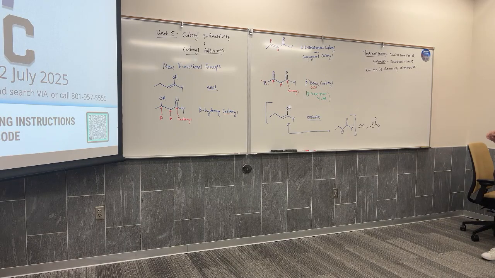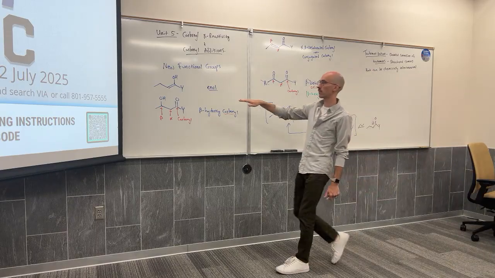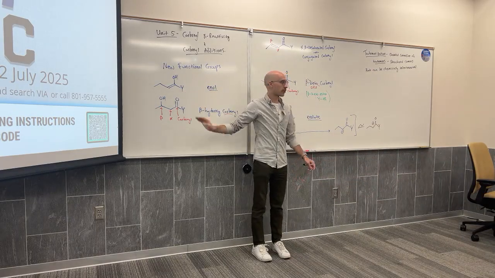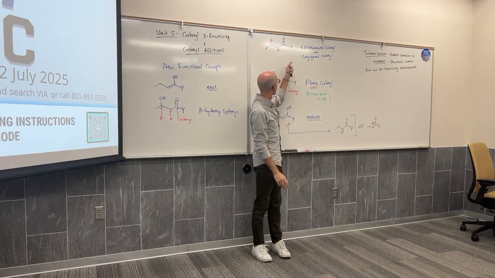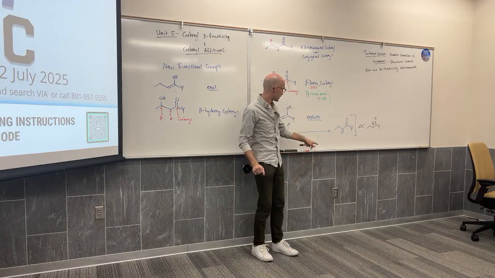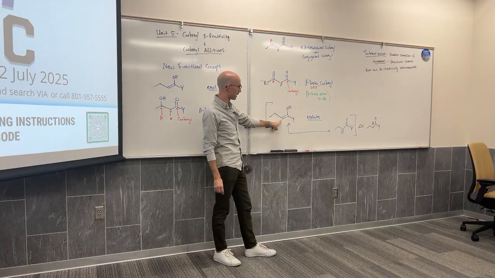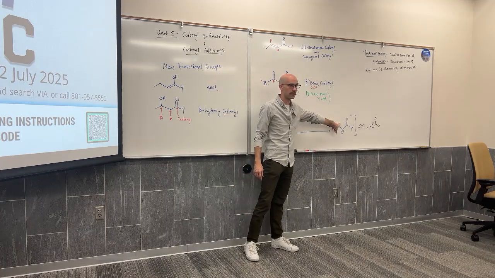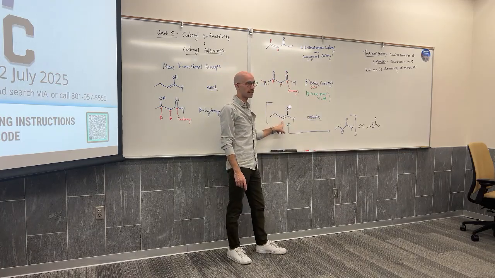But what are? Enols and carbonyls, which I don't have like a normal carbonyl here. But you can actually see that by looking at this form of the enolate and this form of the enolate. This looks exactly like an enol that's been deprotonated.